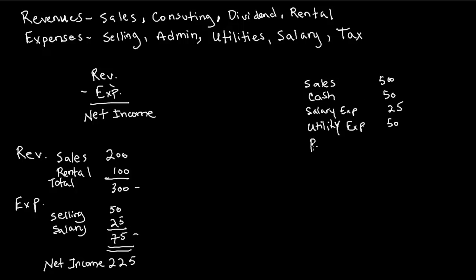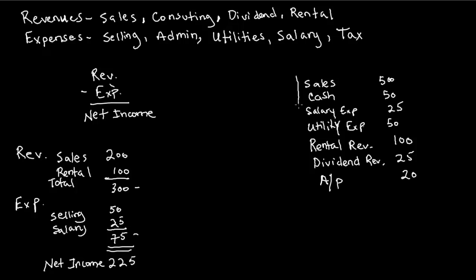You may have rental revenue of 100 and dividend revenue of 25 and an account payable for $20.